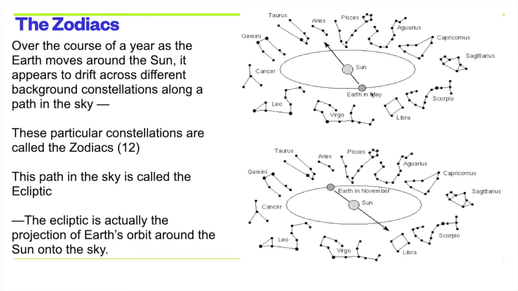We don't see Earth's trajectory because we are standing on Earth itself. What we rather see is the apparent trajectory of sun around Earth. Since Earth is moving around sun, what we see standing on Earth is that sun is apparently replicating that motion. So when Earth is here in the month of May, you see sun here, and behind sun you will see the constellation Aries.